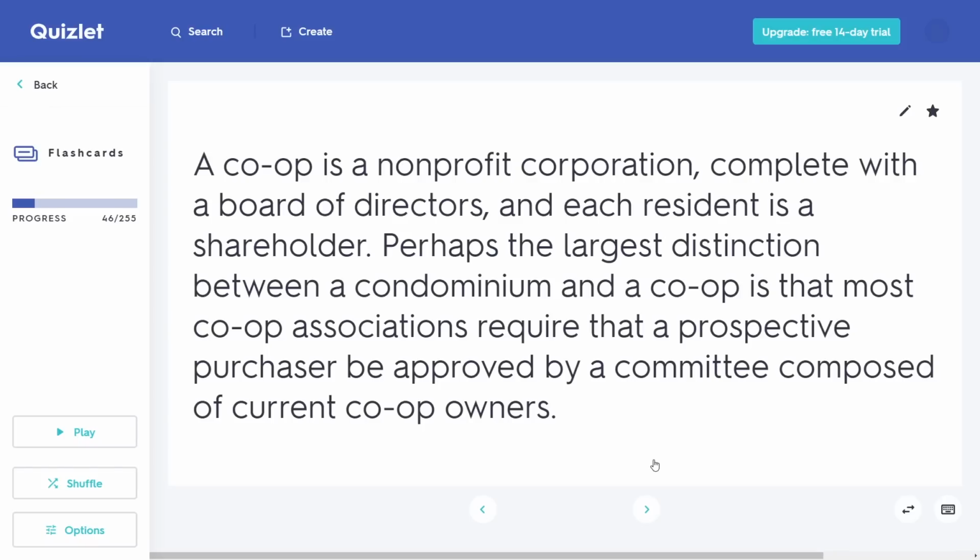Perhaps the largest distinction between a condominium and a co-op, which we'll go over later, is that most co-op associations require that a prospective purchaser be approved by a committee composed of current co-op owners. Basically, we got a lot of mumbo jumbo there, but it's important. How should I explain this for you guys? Let's say you have tons of apartment-like buildings, but they're not apartments.